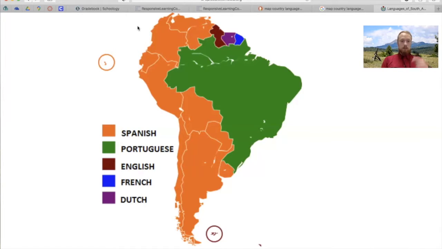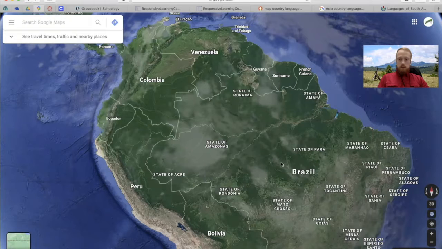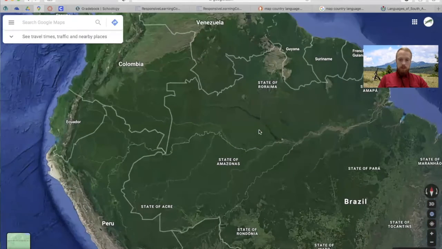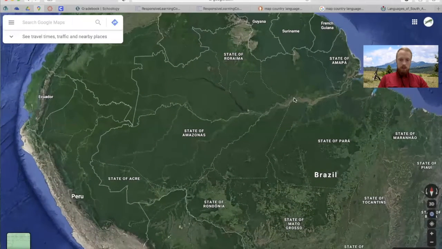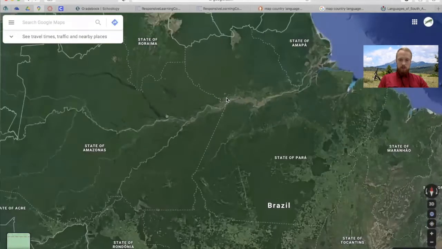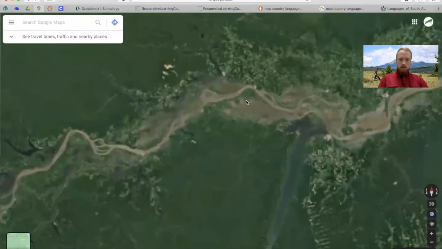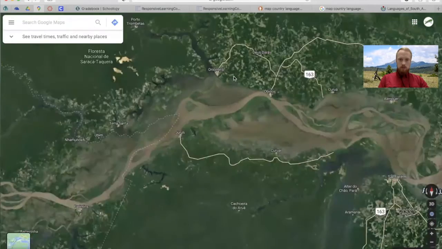Next, we need to talk about the rainforest. So let's go to here. Okay, so this right here is Brazil. And you can see all the dark area, those are where the trees are, okay? And that area is the Amazon rainforest. We didn't talk about this much, but you have heard, and I'm sure you know, that the rainforest is being destroyed, okay?